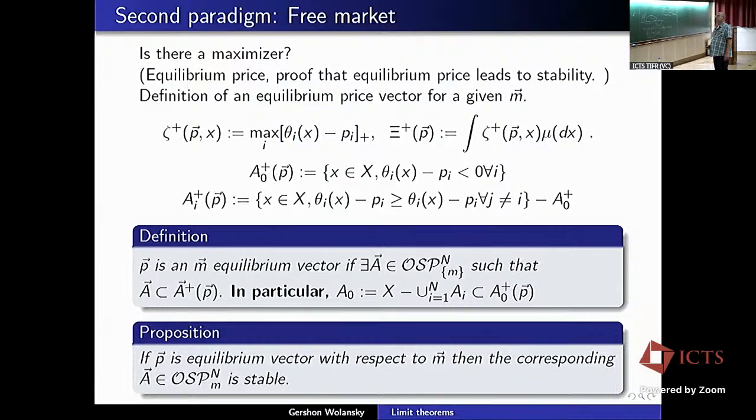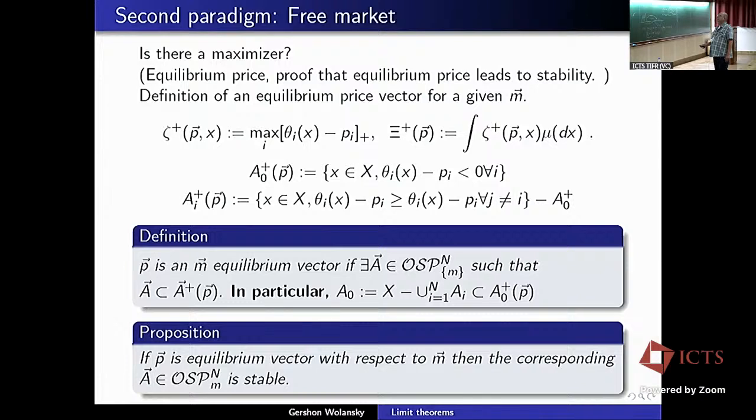So we call P an M equilibrium vector if there exists an open partition subject to M such that each component of A will be contained in the A plus. So A_i will be contained in A plus i, P. This is true for any i, including i equals 0.